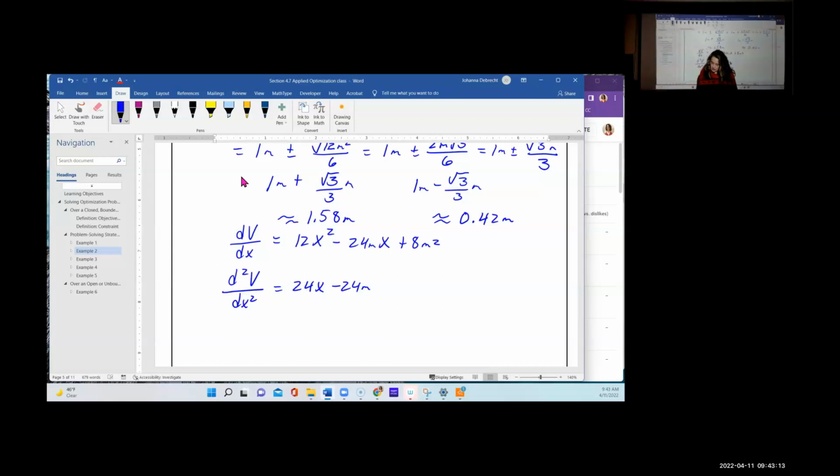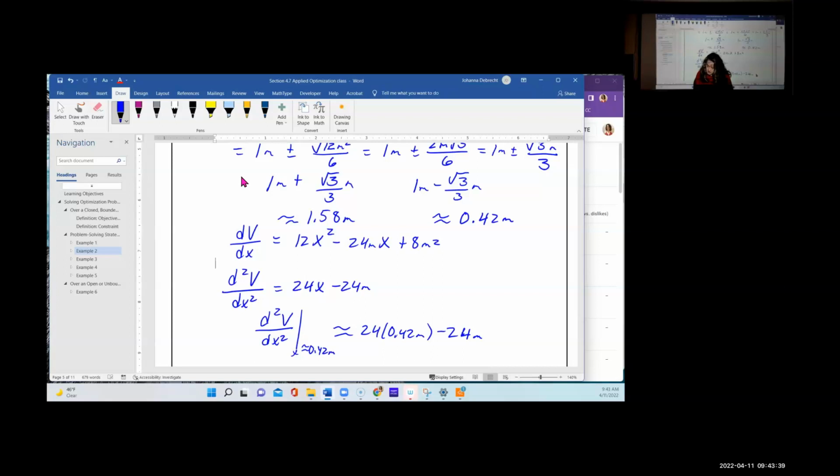So then I want to plug in my value for the critical point, which is about 0.42 meters.